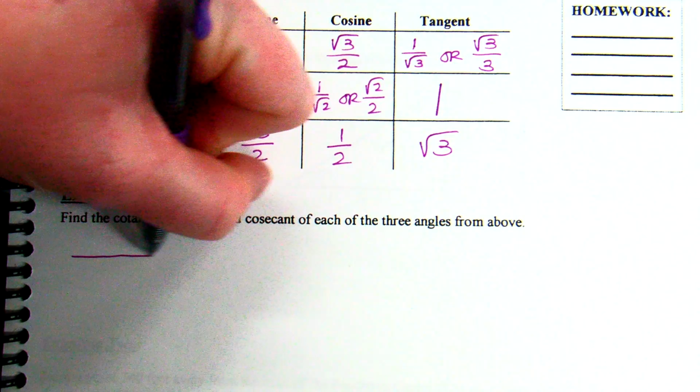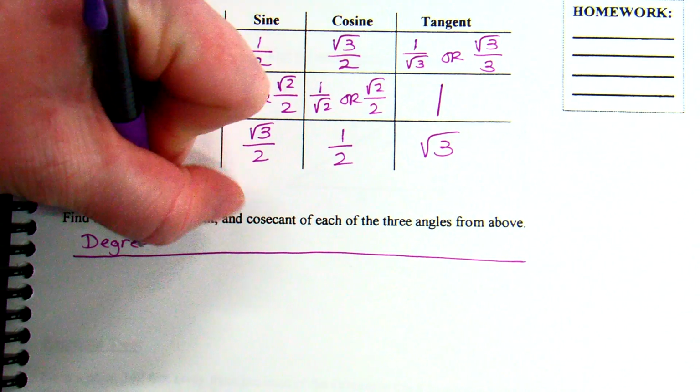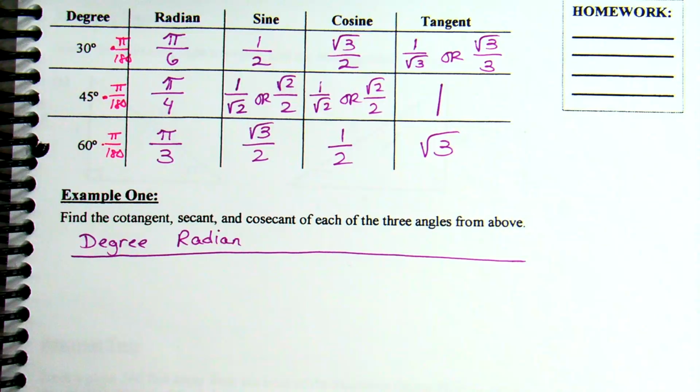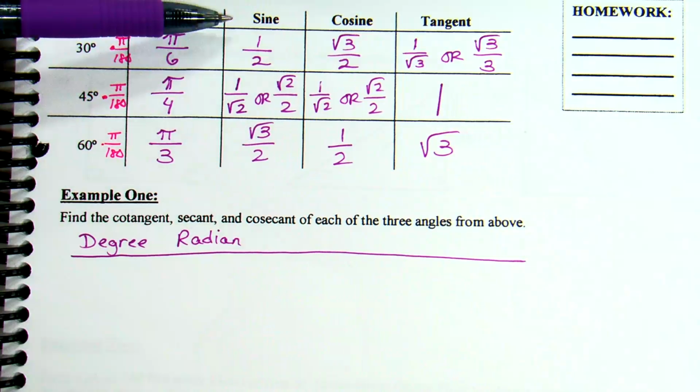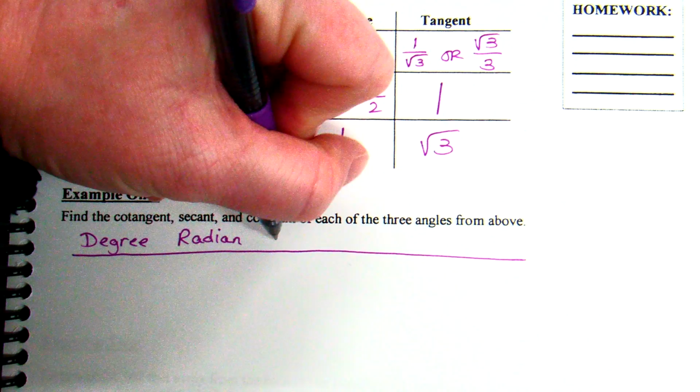So, my first column is going to be degrees still. My second column is going to be radians again. Okay, sine was right here. What's the reciprocal of sine? Which function is the reciprocal of sine? Secant, cosecant, cotangent. Cosecant. So I'm going to put my cosecant column next.